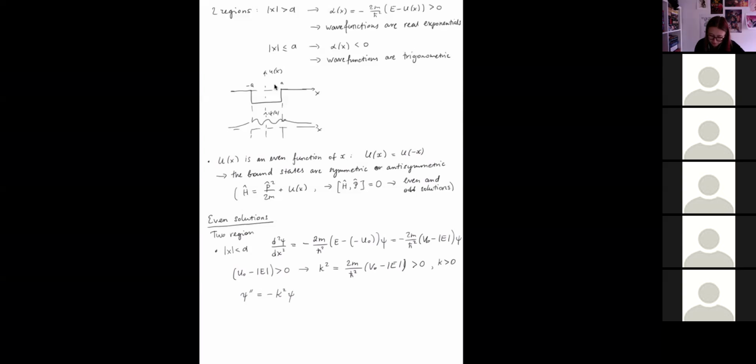So obviously the solution to this equation would be psi of x equals cosine kx, for modulus x less than a. To be completely precise, one can of course include some constant here. But here I will not do it, because we can also include this constant from considering the solution in the region where x is bigger than a. And here it's a bit unnecessary.